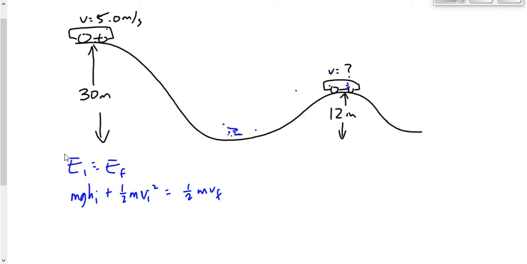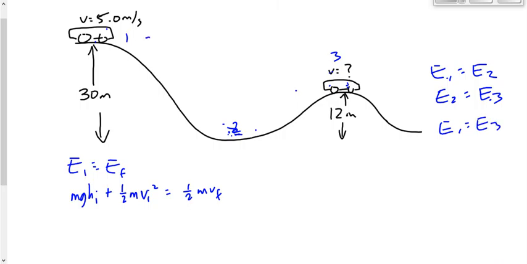If we call this position 1, position 2, and position 3, we know the energy at 1 is equal to the energy at 2, right? And we know the energy at 2 is equal to the energy at 3. Well, what does it tell us about the energy at 1 and 3? They're equal. So I can say easily E1 is equal to E3, or E_i is equal to E_f, this being my initial point and this being my final point.